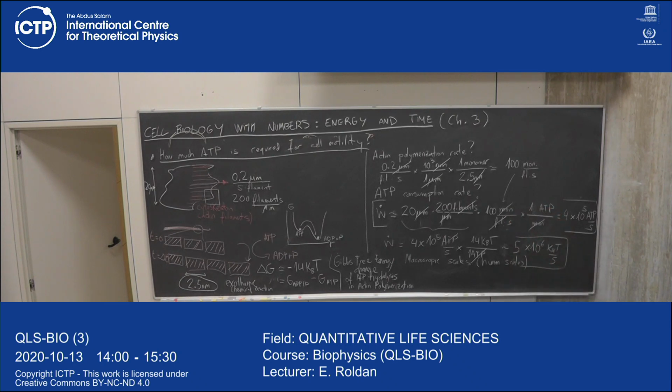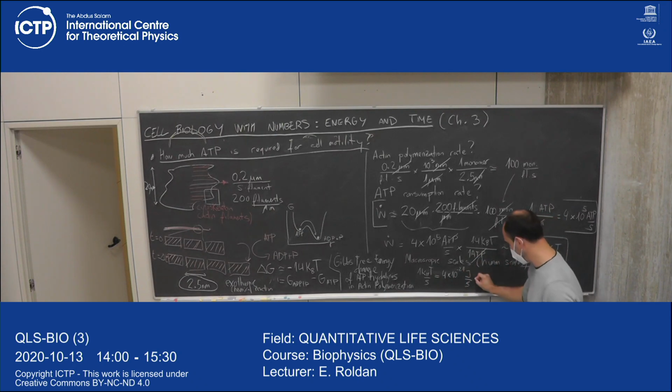So we can try to convert this to watts. How much is 1 kT per second? 1 kT per second is, remember, 4 times 10 to the minus 21 joules per second. This is what I did in the beginning of the lecture. 1 kT is 4 times 10 to the minus 21 joules.